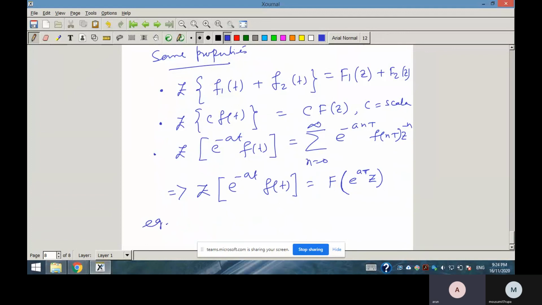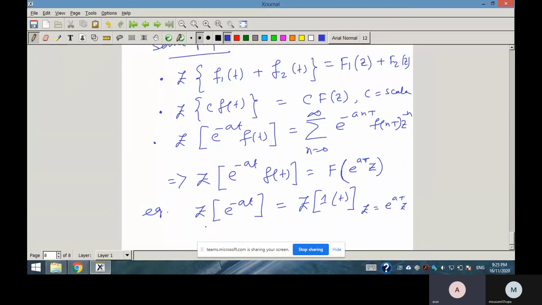For example, suppose I want to find the Z transform of e to the power minus aT. Here f(t) is 1, so the Z transform of 1(t), with z now replaced by e to the power aT into z.